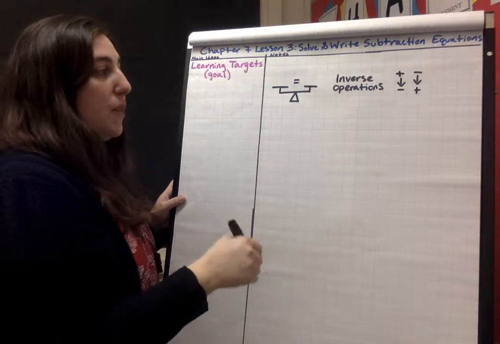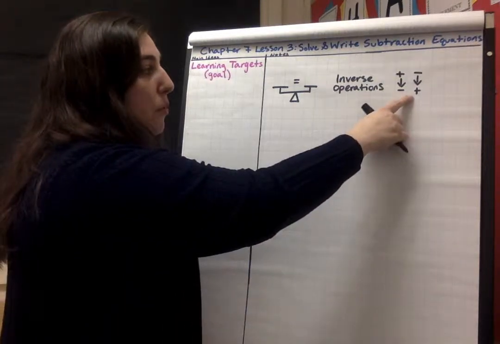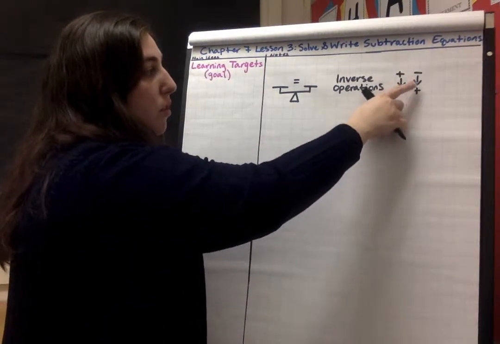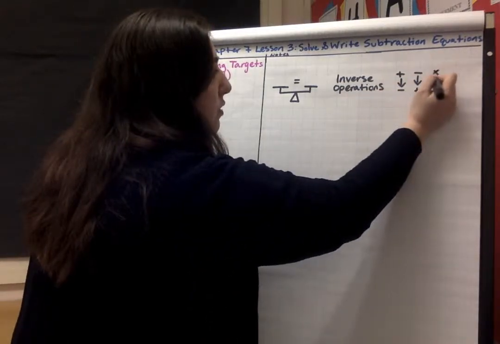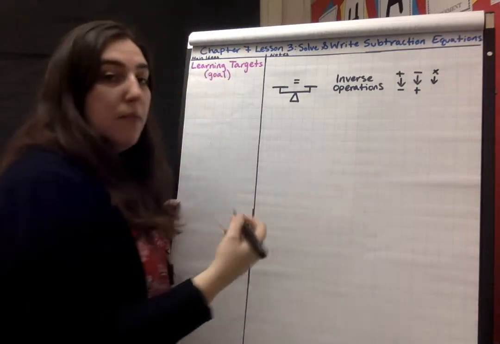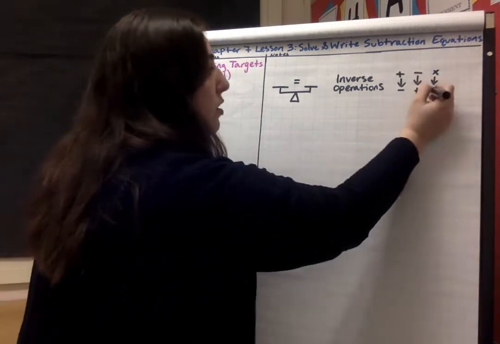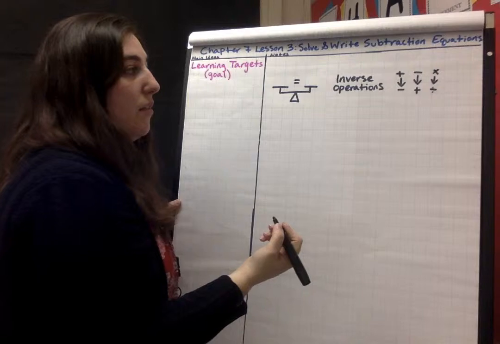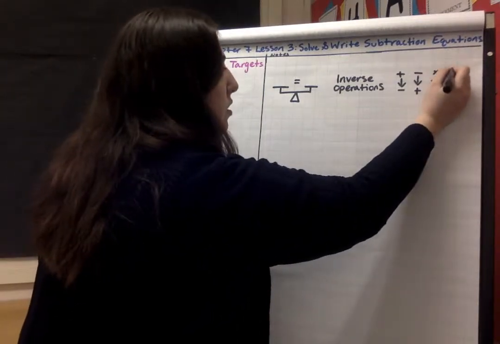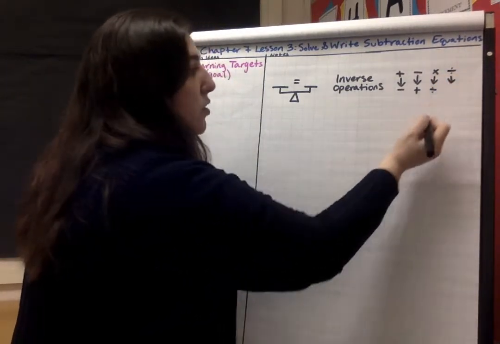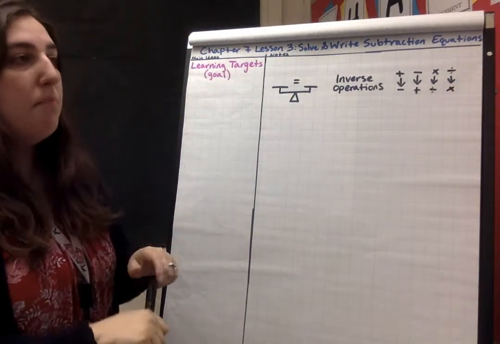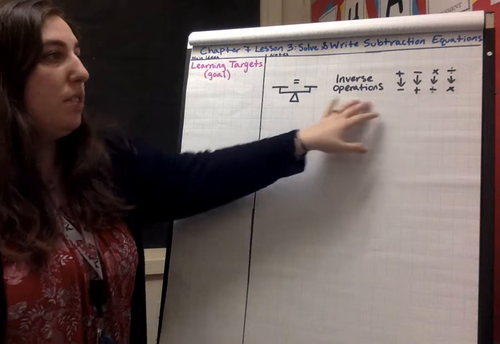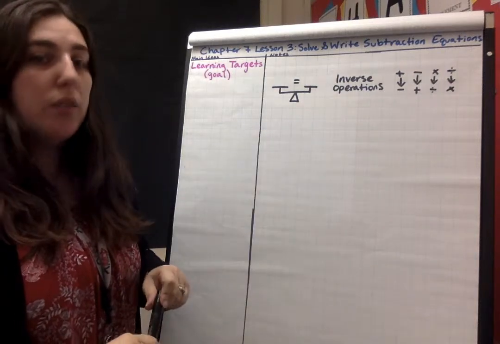Okay, remember it just means we're finding out what operation will undo it. So addition will undo subtraction. And with multiplication, division undoes multiplication, so it's inverse, and with division, the inverse for division is multiplication, okay? So we will be using these and referring back to them throughout the day.